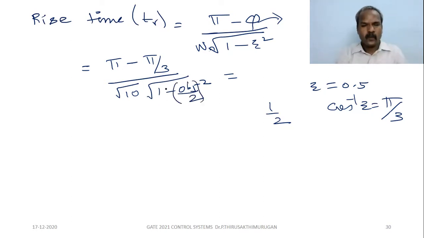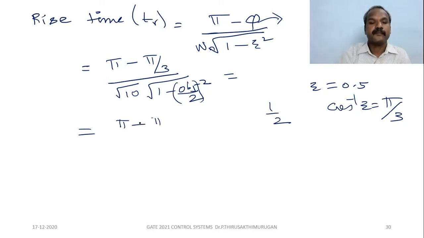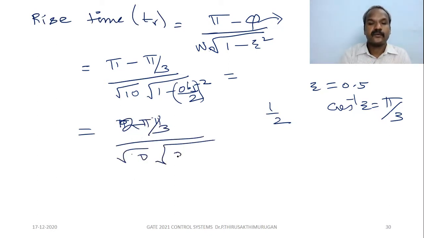So pi minus pi by 3 gives 2 pi by 3, divided by root 10 into square root of 2 square minus 1 square by 2 square.